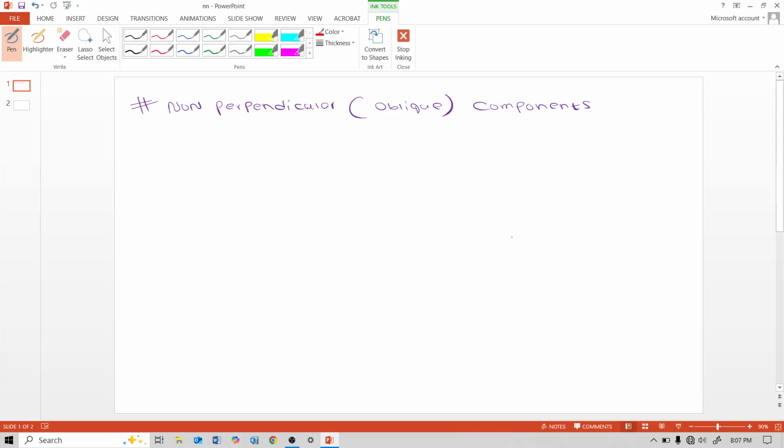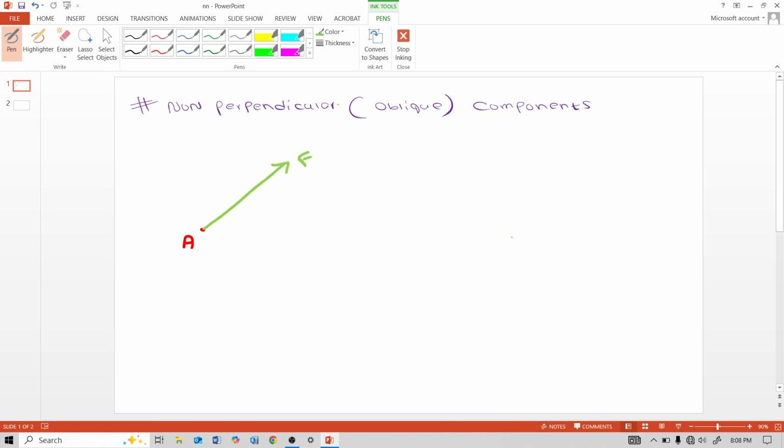Now, to learn non-perpendicular oblique components, we will consider one point and name it point A, and at this point A this force F will act.